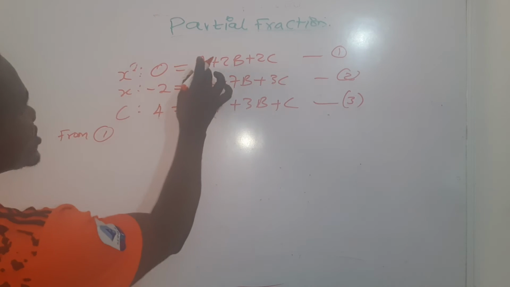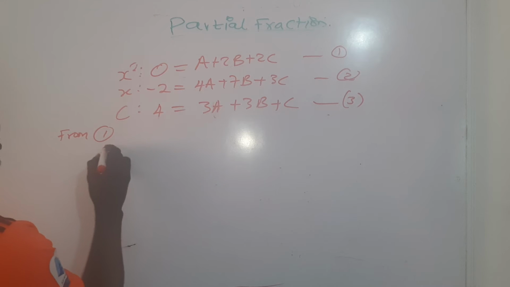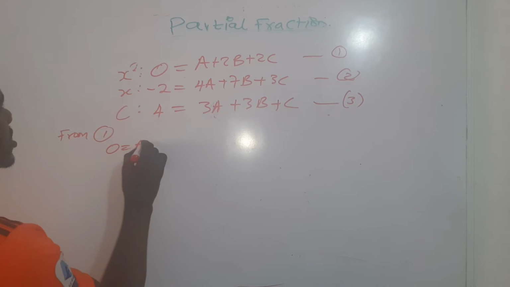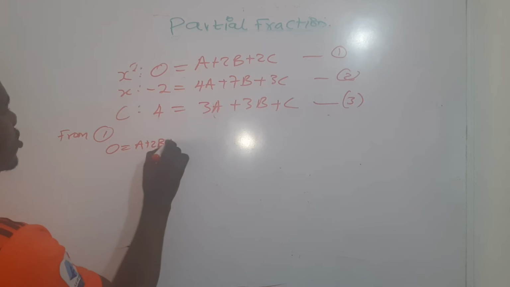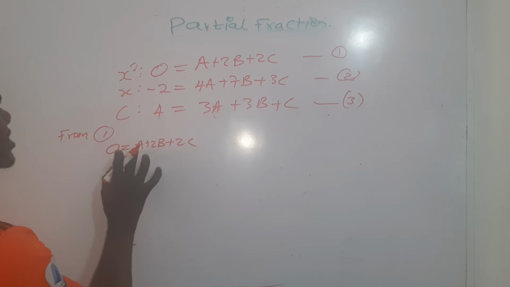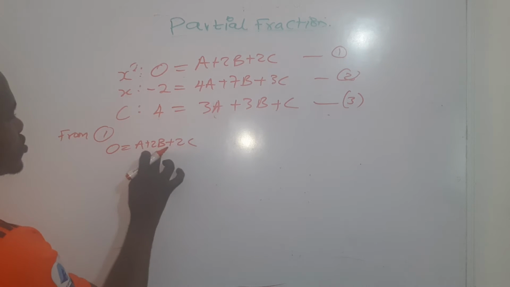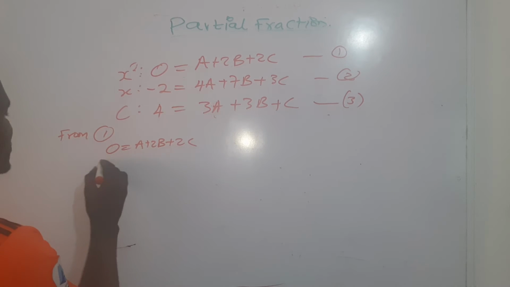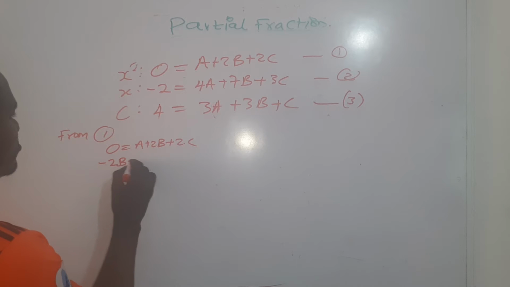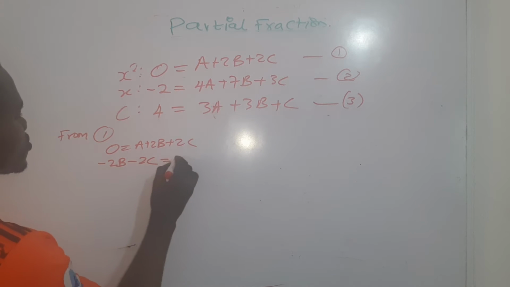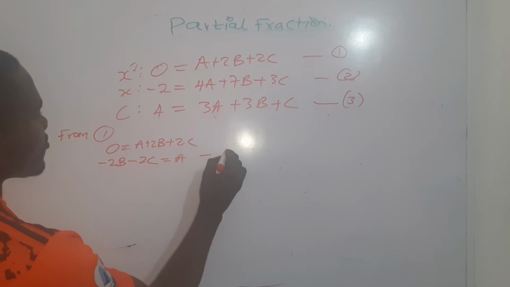If we make a the subject of formula, from equation 1 we have 0 equals to a plus 2b plus 2c. Now to make a the subject, I will leave a here and transfer the remaining 2. We have minus 2b minus 2c equals to a. We can call this one equation 4.